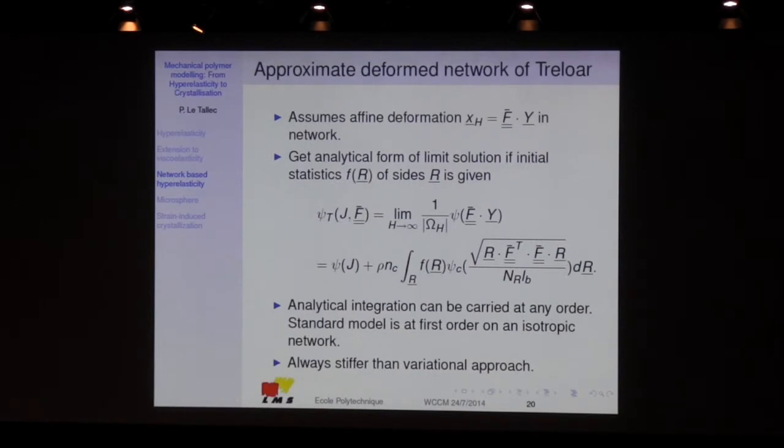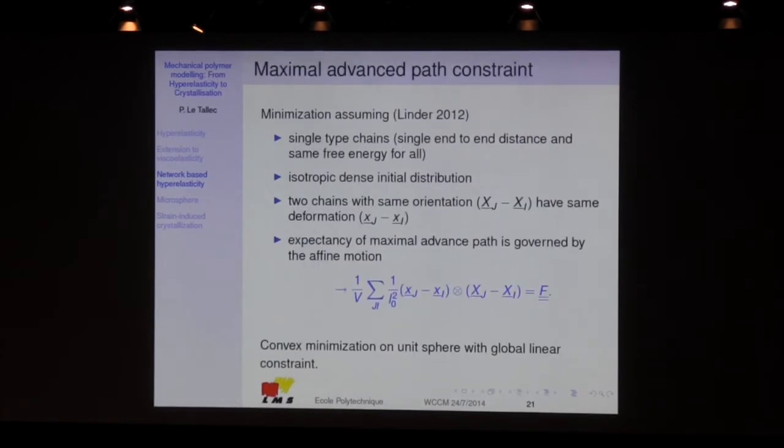There is another approach which has been followed by Christian Linder recently, where you simplify the network and simply say that there's only one type of chain, and the chain in a given direction will only have one physical state.